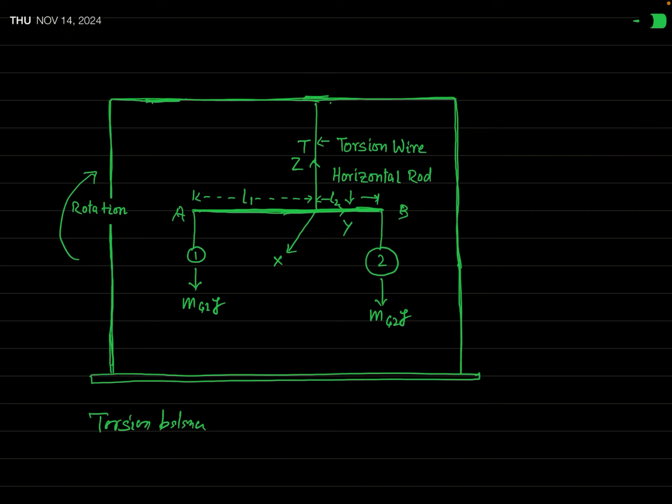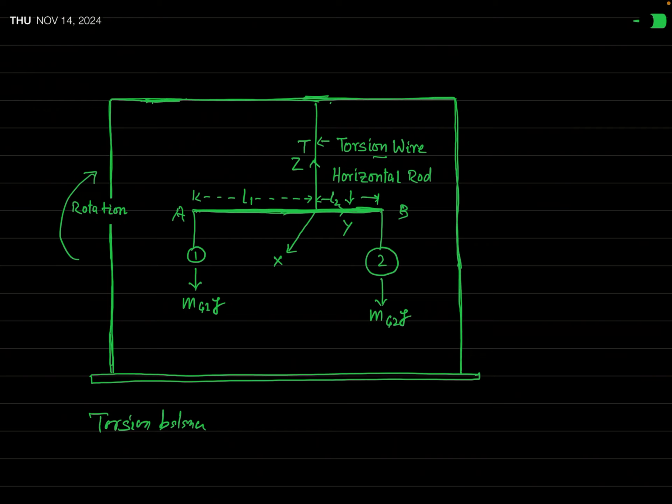Now, another important part of this apparatus: you can see here that this rod is suspended by a torsion wire, or you can say a metallic wire, which I have shown here, and by connecting with this torsion wire, the rod is kept horizontal.